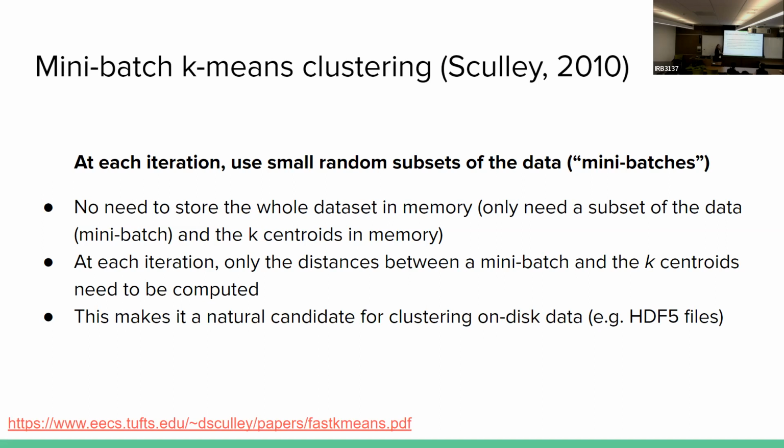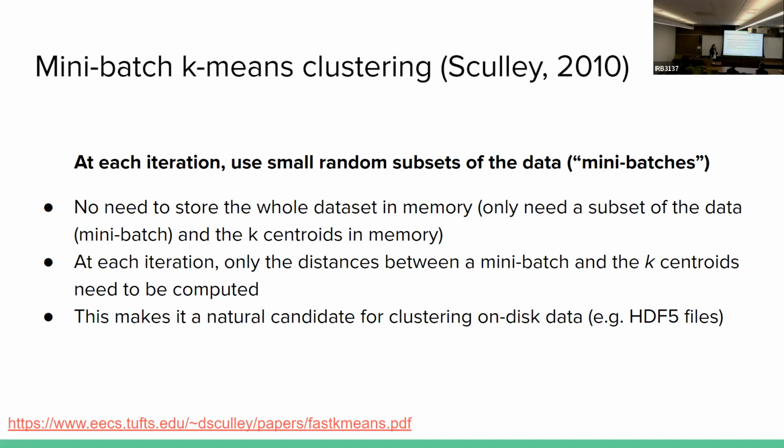So now you have to pick k, and you also have to pick this mini batch size. Let's say you pick 1%. At any given point, the algorithm says I'm going to load in 1% of the data into memory, or if it's already in memory, I'm just going to use 1% of the data to calculate my pairwise distances.